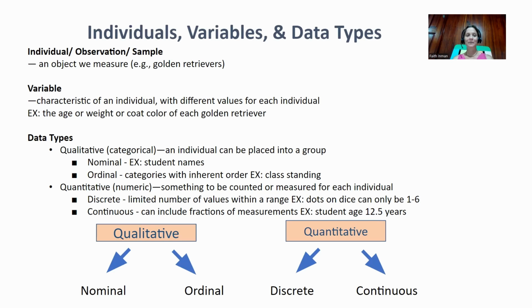We collected our names. Ordinal would be a special kind of categorical data where the categories have an inherent order to them. For example, class standing: freshman, sophomore, junior, senior, right? There's an inherent order to them. You start as a freshman, then you go to being a sophomore, and then a junior, and then a senior, right?